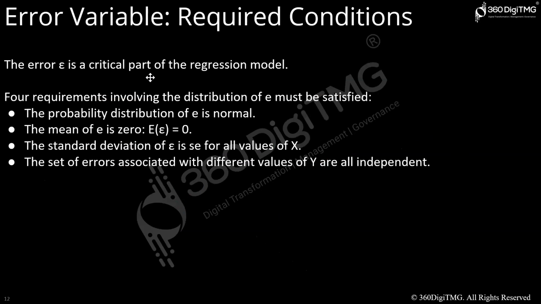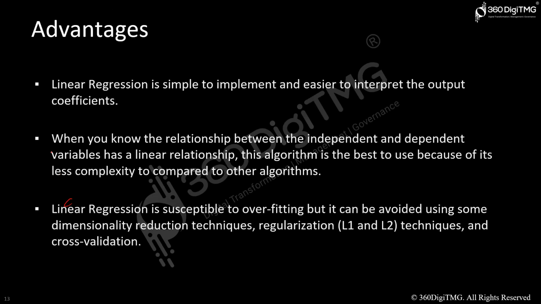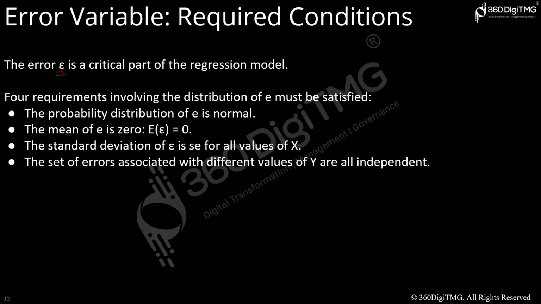We have something called the error variable, which has required conditions. The error E is a critical part of the regression model. So we have 4 requirements involving the distribution of E, which have to be satisfied. The probability distribution of E is normal, and the mean of E is 0.